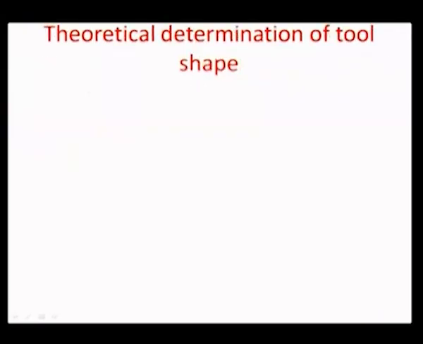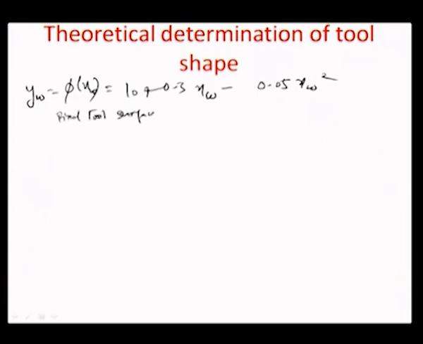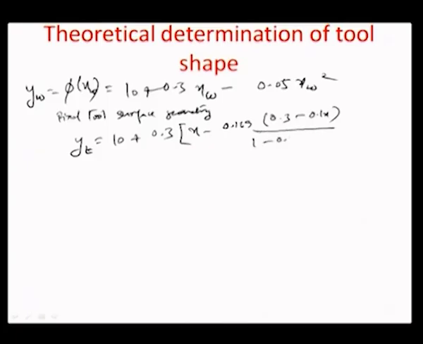at the final formulation. For the workpiece side, you know that phi x w is related to y w by the equation 10 plus 0.3 x w minus 0.05 x w square, and we know that the final tool surface geometry, as we have already derived before for a quadratic equation, can be represented as yt equal to 10 plus 0.3 times x minus 0.169 times 0.3 times 0.1 x divided by 1 minus 0.1 times 0.169, minus 0.05 times the square of this argument.